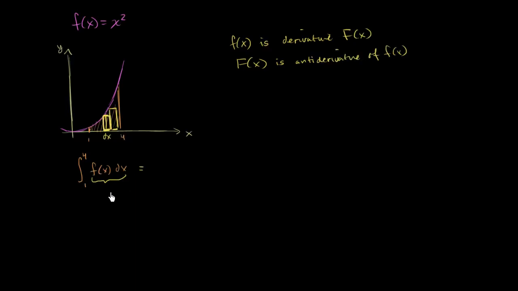We can evaluate this by evaluating the antiderivative of f at 4, and from that subtract the antiderivative evaluated at 1.